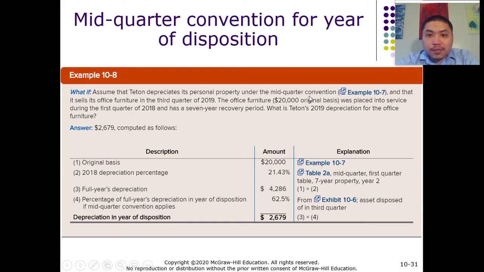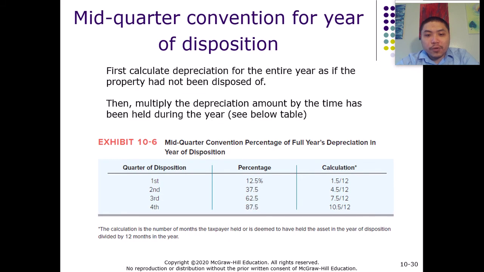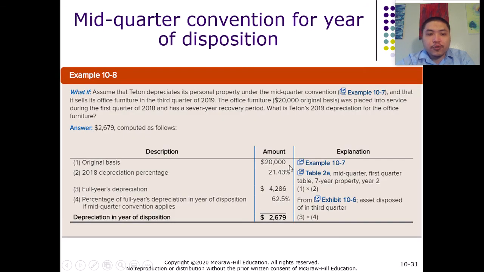And then because the company disposed of the furniture in the third quarter of 2019, now we have to look at this table. The quarter of disposition is the third quarter. So we take 7.5 divided by 12, which gives us 62.5%. Now we take the full year depreciation expense times 62.5%, and that gives us the depreciation expense in the year of disposition.